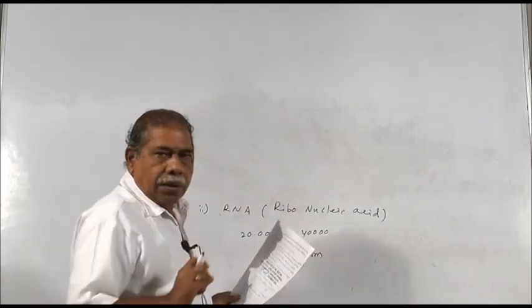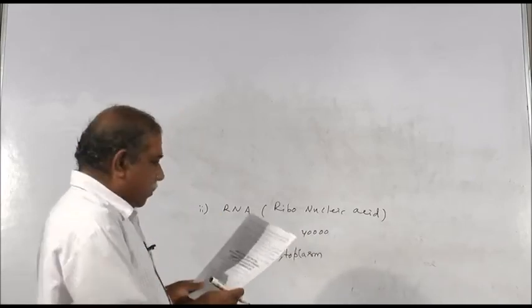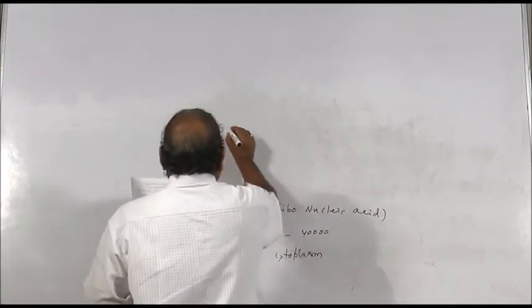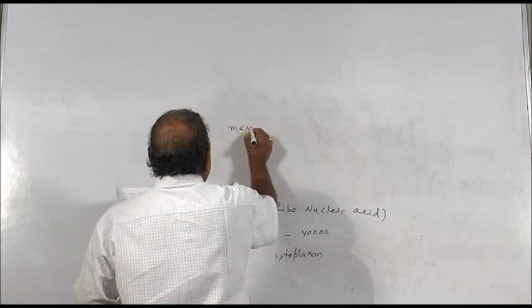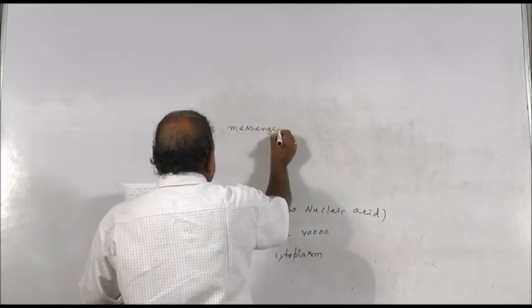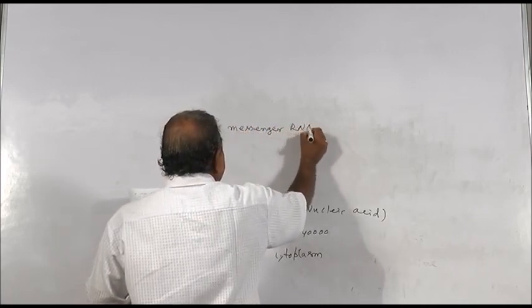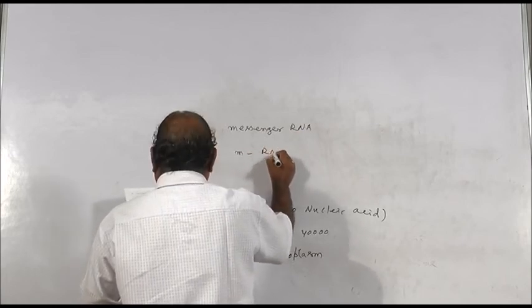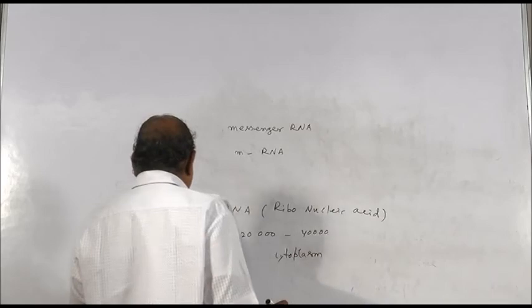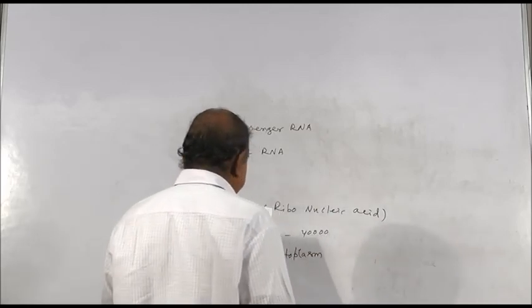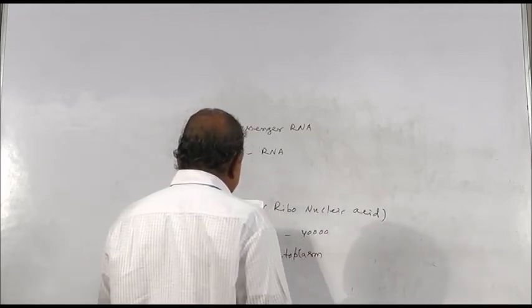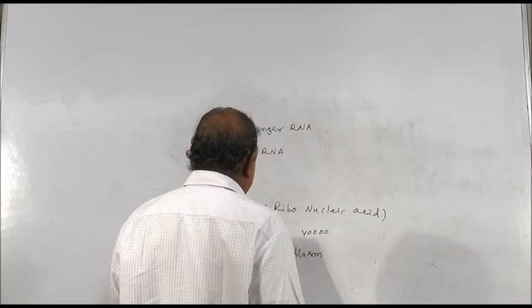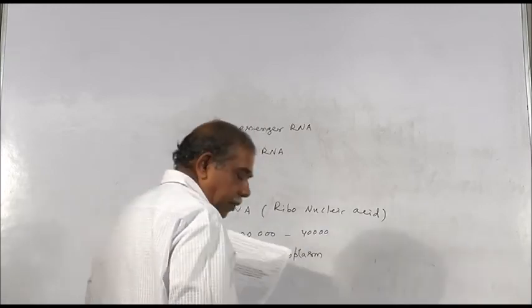RNA is of 3 types. One is called messenger RNA. In short we write mRNA. These transmit genetic information from the DNA molecule to the cytoplasm.